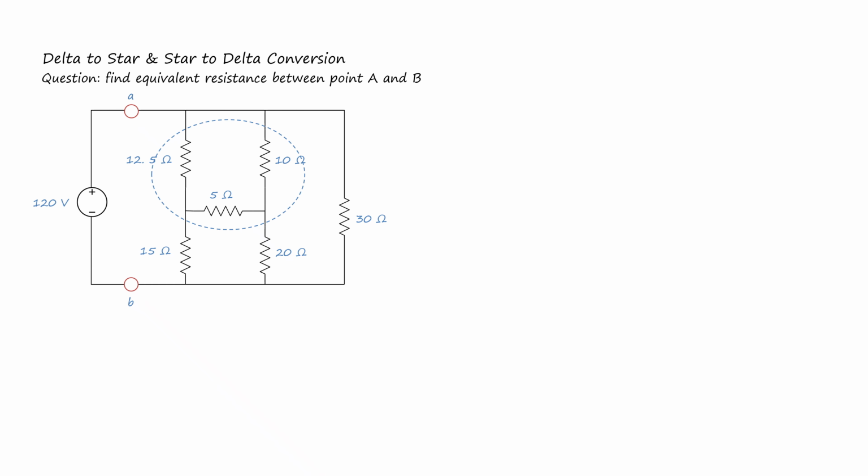Here, the 12.5 ohms, 5 ohms and 10 ohms resistors form a delta network. So we convert this delta network into a Y or star network in order to simplify the circuit.